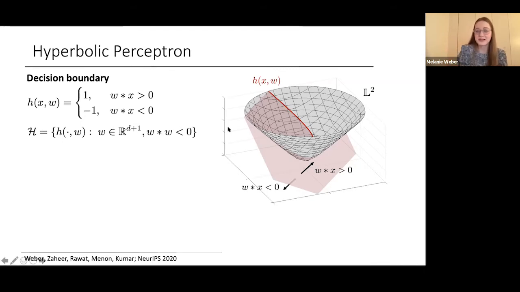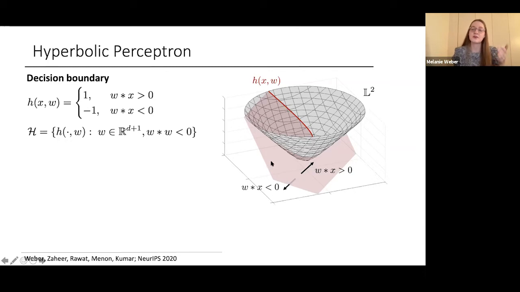Utilizing what is called the Lorentz model of hyperbolic space, we have in gray here our hyperbolic manifold. And what the perceptron learns is a Euclidean hyperplane, here shown in red. The intersection between that hyperplane and our hyperbolic manifold is the decision boundary.